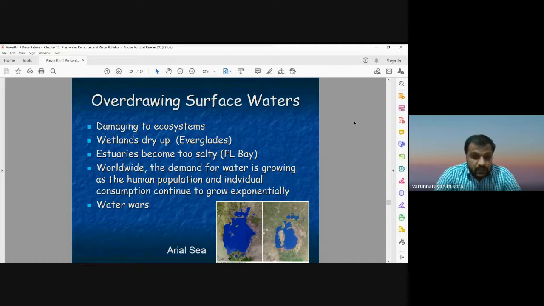In this figure you see how the wetland has decreased. Previously it had a high area with the wetland ecosystem, but after some years it has shrunk to a certain level. So there is a high rate of shrinking of the wetlands because of the overdrawing of surface water.